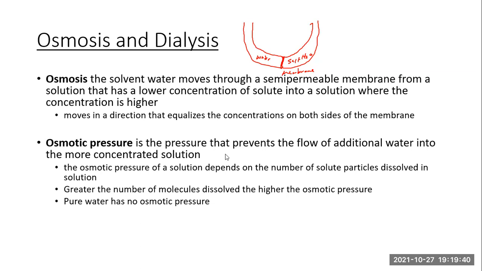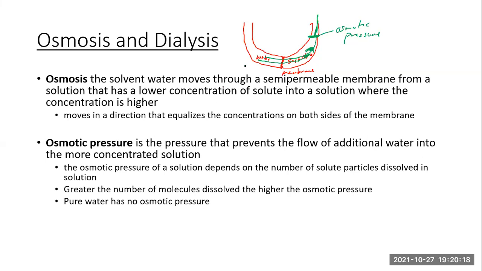So by the process of osmosis, the water on the left-hand side would cross the membrane and start to dilute down the salt water. It will continue that process until it hits what is referred to as the osmotic pressure. Basically, the osmotic pressure is atmospheric pressure pushing back down on those water molecules as they are coming across, and it stops the flow of additional water molecules to that side.